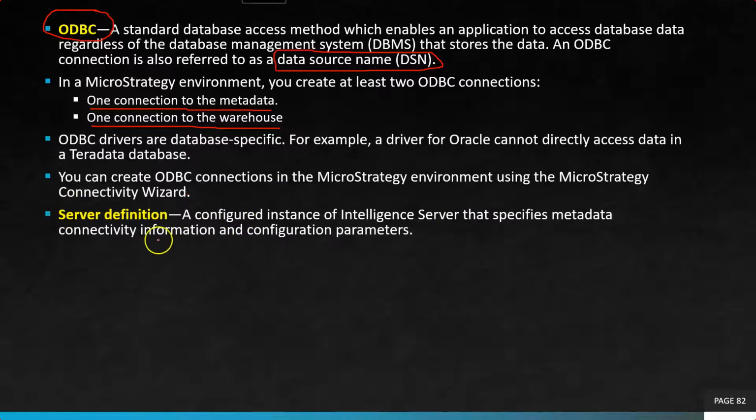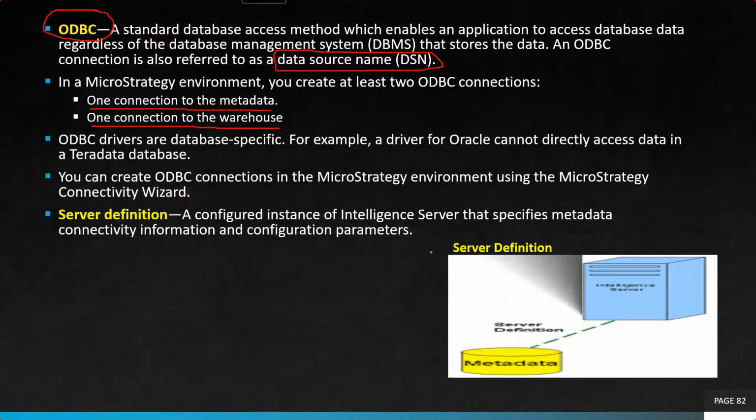So you should configure your server definitions carefully, otherwise your application will stop working. You will not even get your project into your project source if there is something wrong with your server definition. It's very critical. Let me show you how it looks.